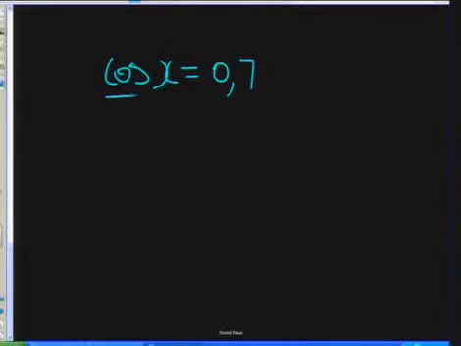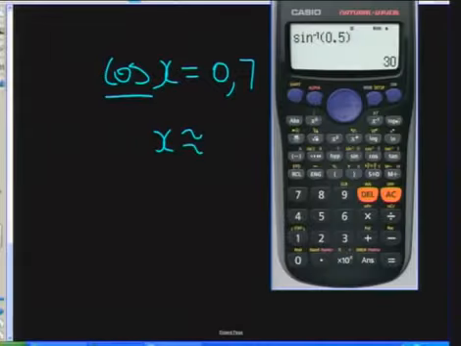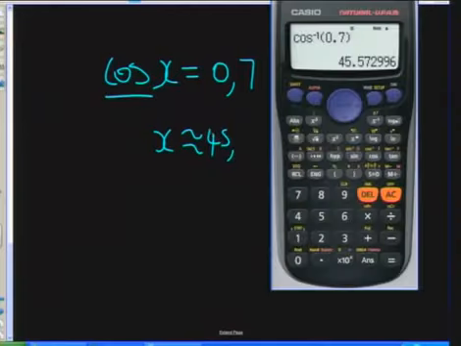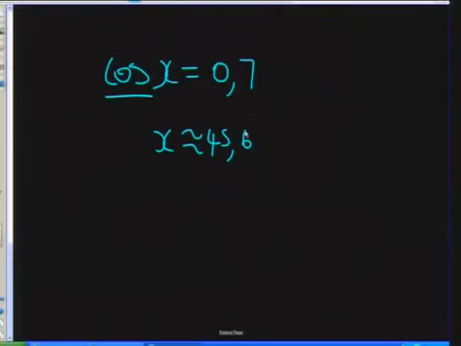Because I have cos, I have to find the key angle. Shift cos 0.7 bracket, you get around 45.6 degrees.